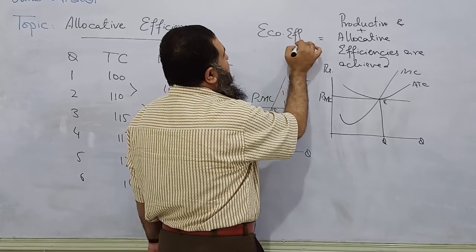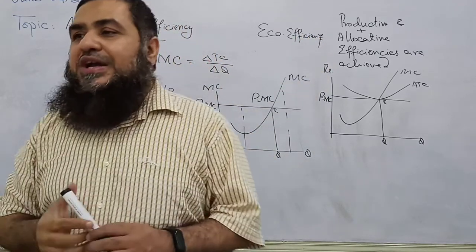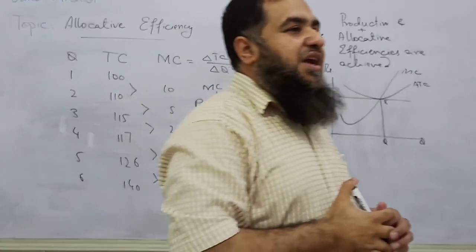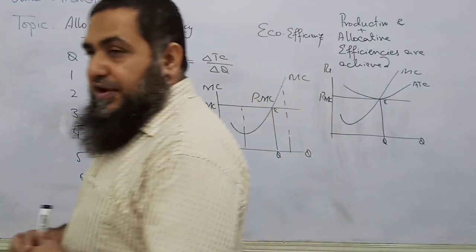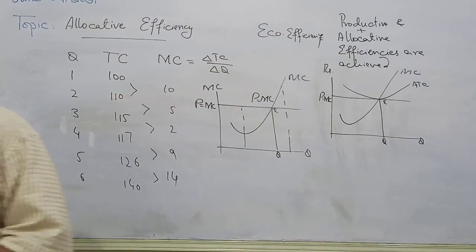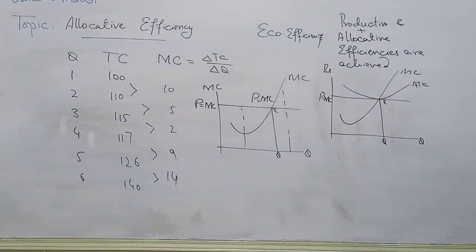What is it? When this firm is producing at the minimum point of average cost and it is also charging price equal to the marginal cost of production, so this firm is showing us what? Economic efficiency. Both the efficiency conditions are fulfilled. So if any other firm in the market is producing at this point, then we say economic efficiency is achieved by this type of firm.